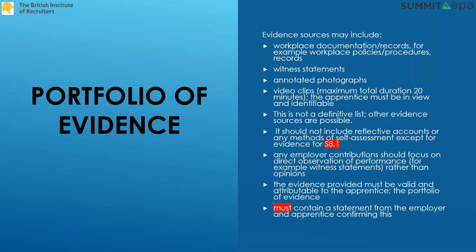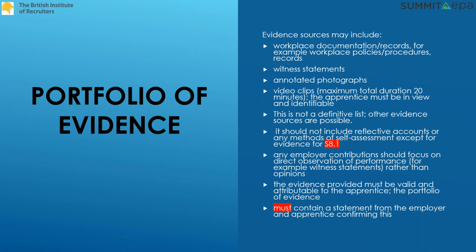What type of things are going to go in the portfolio? And you've probably seen this evidence before. So it's things like workplace documentation records, of course, remembering GDPR in this, witness test statements, photographs, videos, maximum duration about 20 minutes. But what they've got to make sure is the apprentice has to be in full view and identifiable.